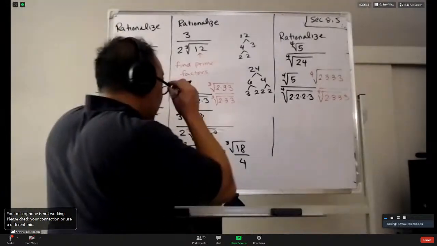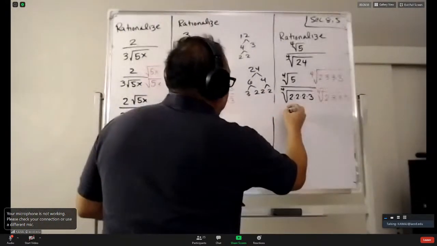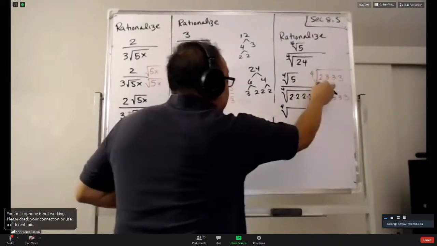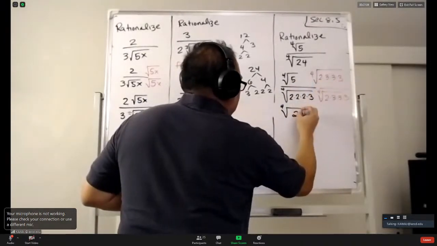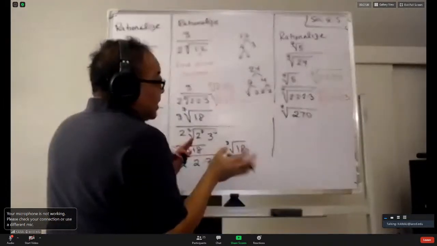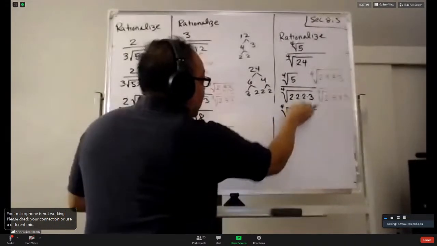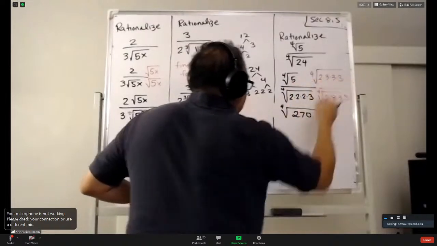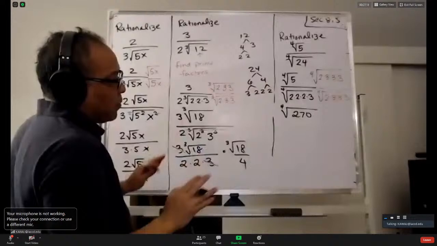Okay, so now I have 10 times 27. And then the nice thing we know is this is simplified. Over here, I have the prime factors. I see I don't have 4 of any factor, so we don't have to worry about simplifying that thing.